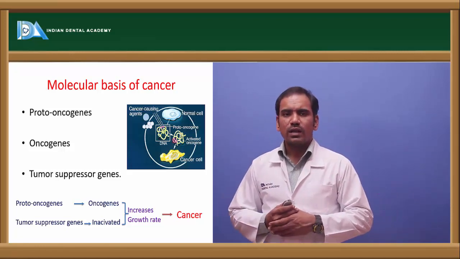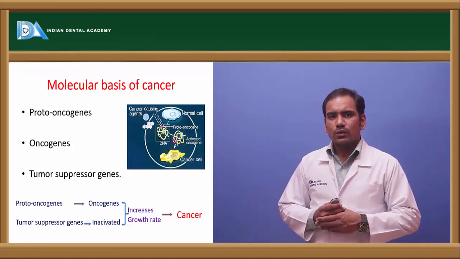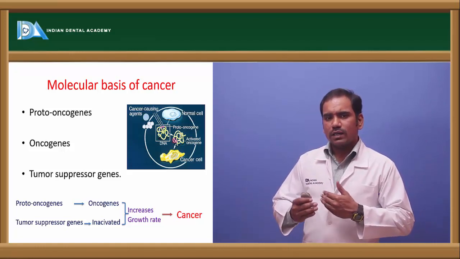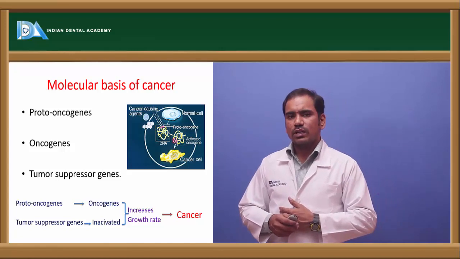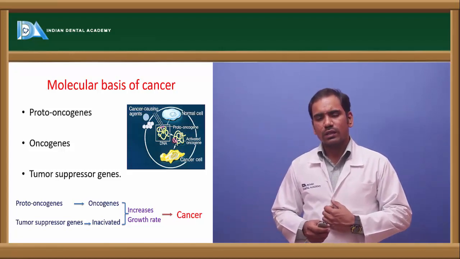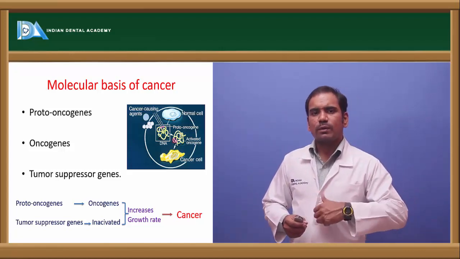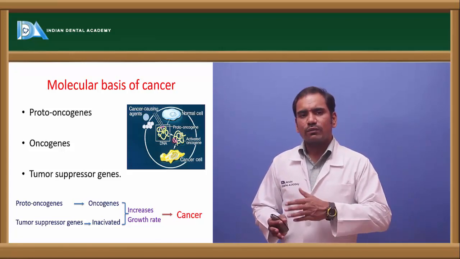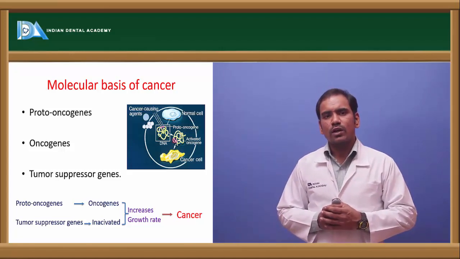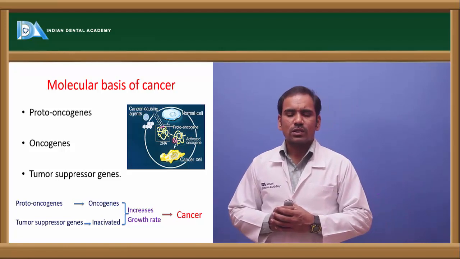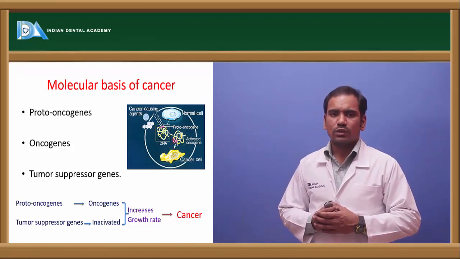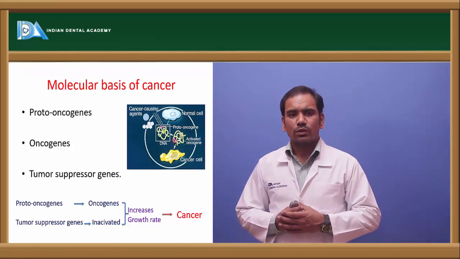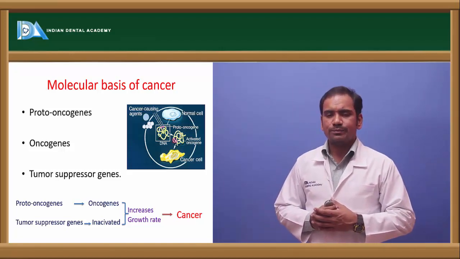Proto-oncogenes are transformed into oncogenes by various mechanisms, and once converted, the oncogene codes for proteins different from those coded by the proto-oncogene. That's how it promotes more cell division and tissue growth, and that leads to cancer.